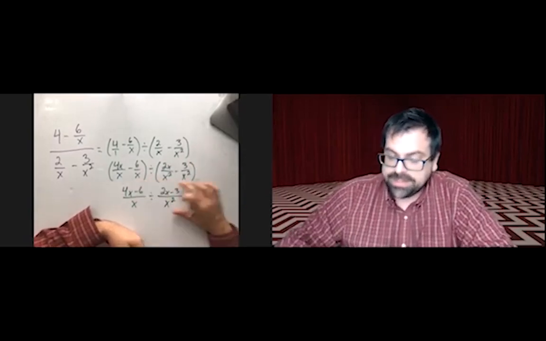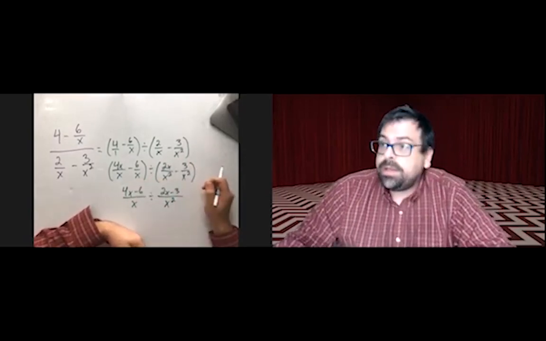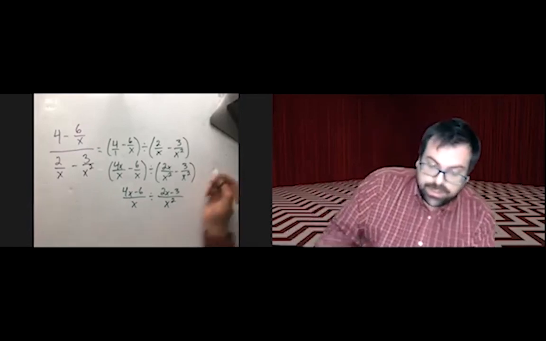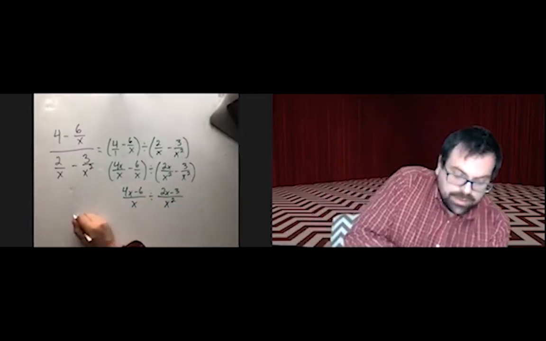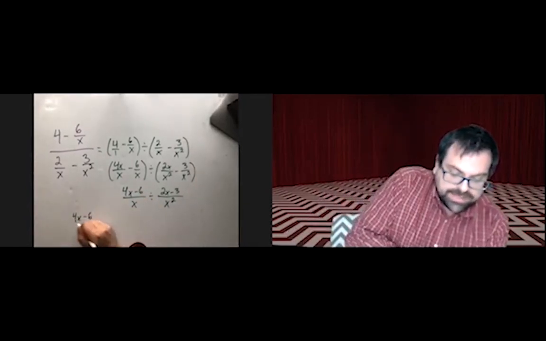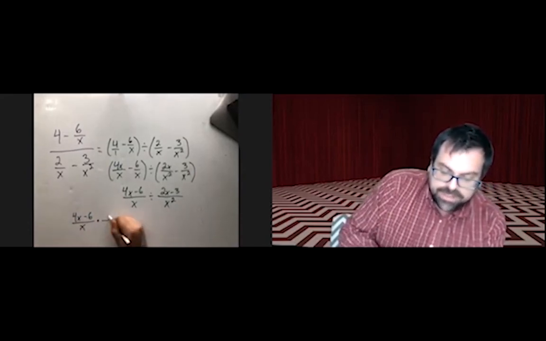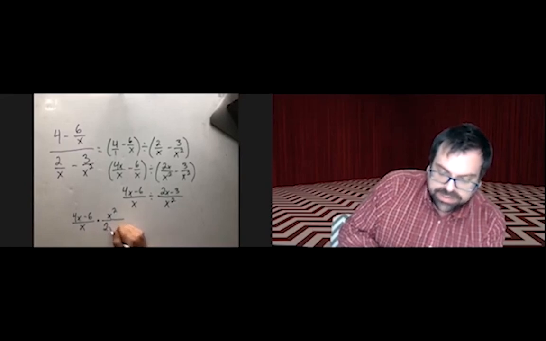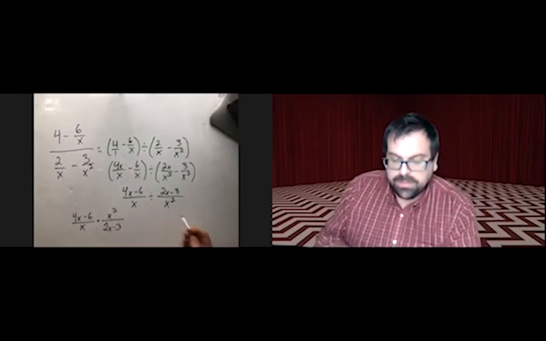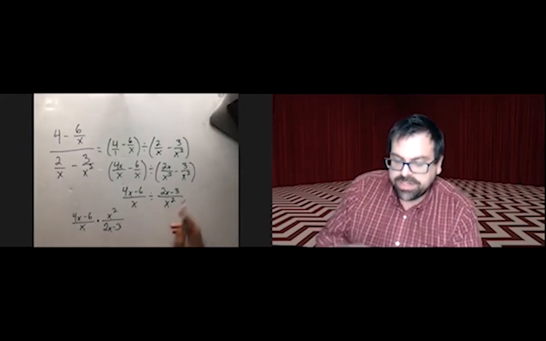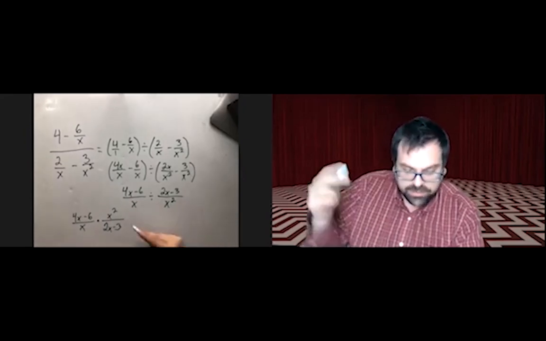So method 1 gets us here. And then we continue. 4x minus 6 over x times x squared over 2x minus 3. Because fraction divided by fraction is fraction multiplied by reciprocal.